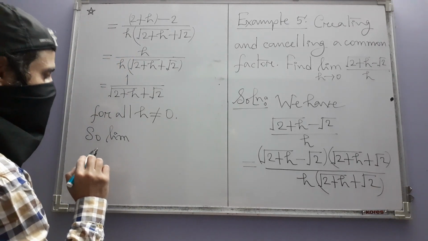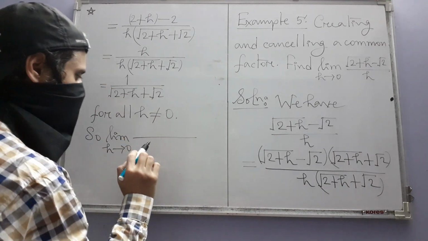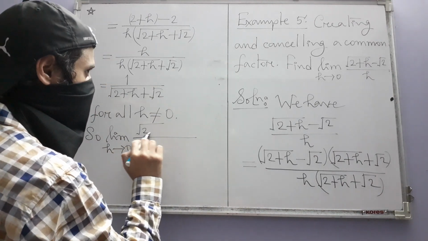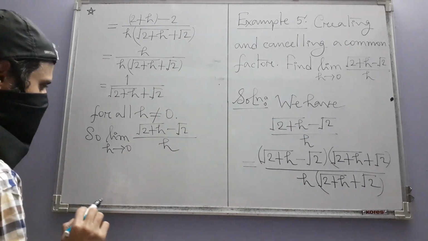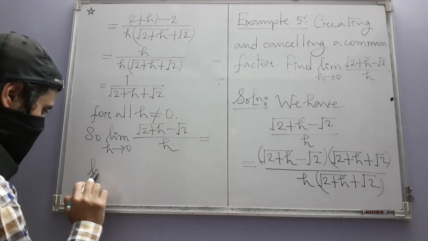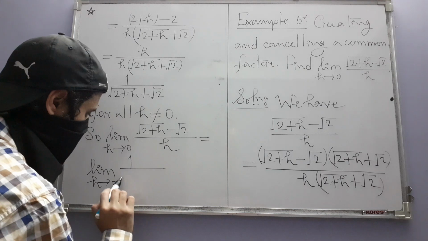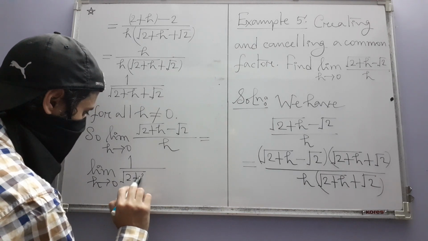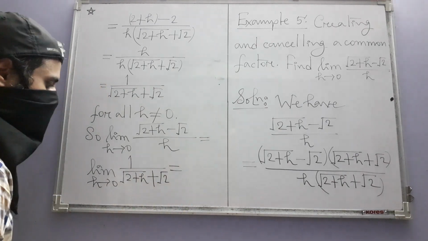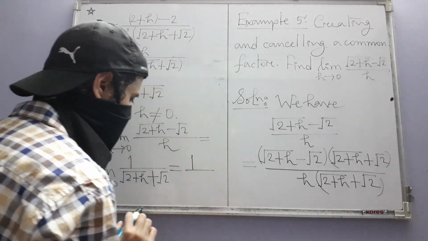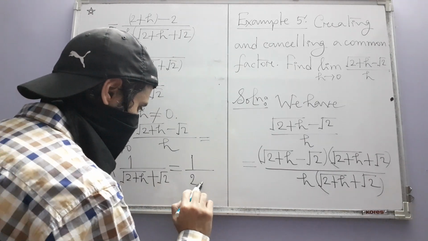So the limit of the function as h approaches 0 turns out to be equal to this, and this is equal to root 2 plus root 2, that is 2 root 2.